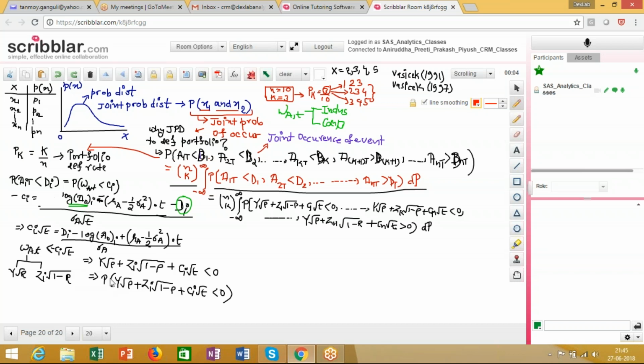And from there, we converted this into a relationship in terms of y root rho and ci. So it says that if the borrower is to be a defaulter, then y root rho plus zi root 1 minus rho plus ci root t, this sum has to be negative.